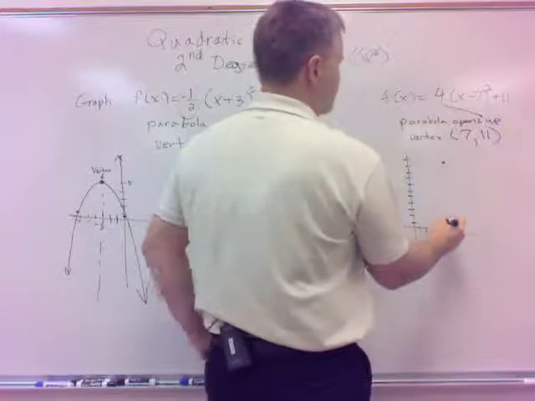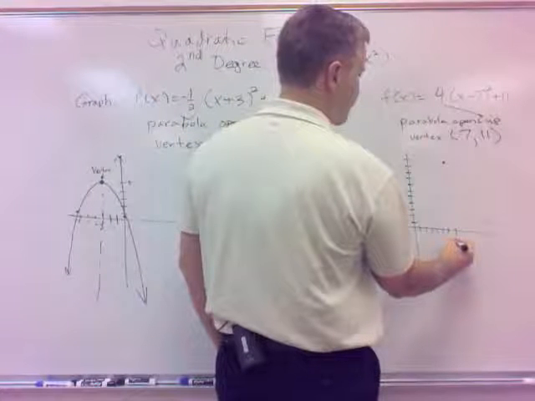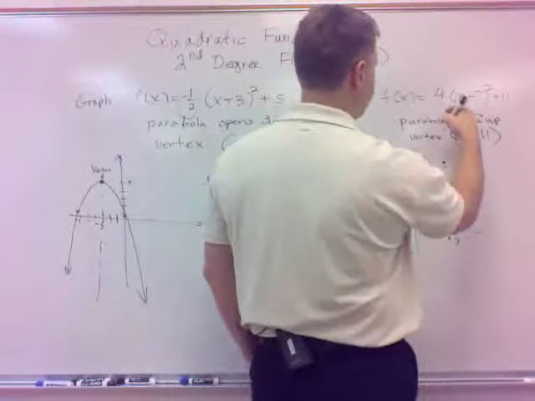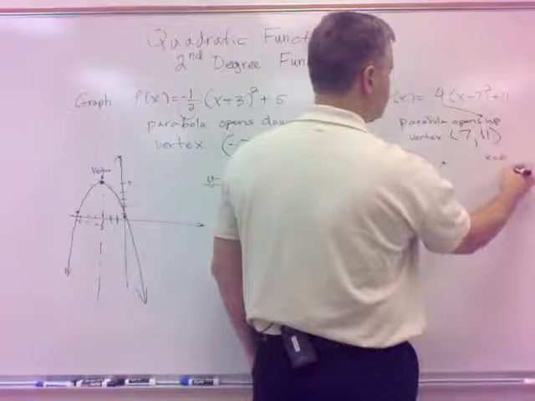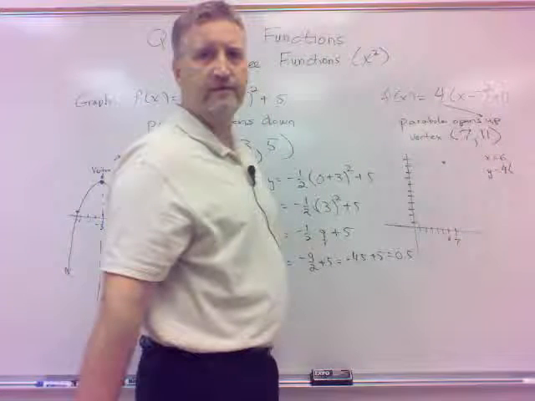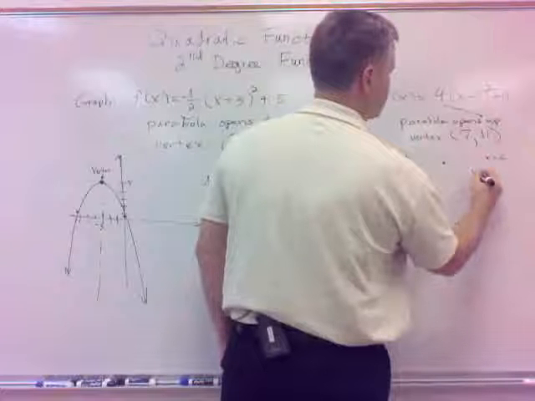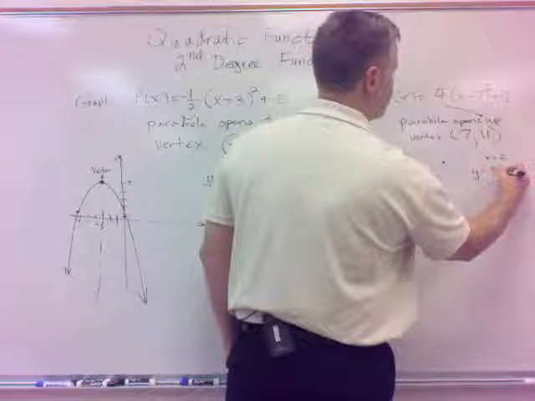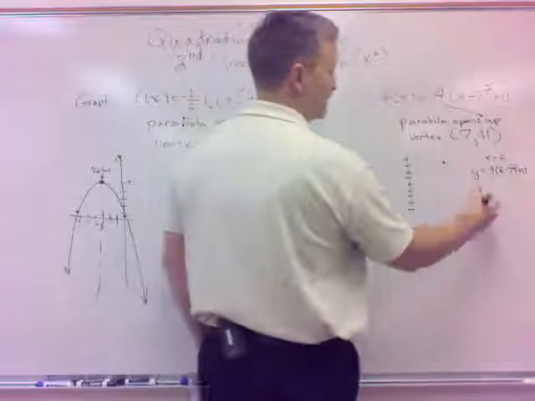Another point we could talk about is, if that's 7, then I could look at this 6 point. If x is 6, that might be a little better than the y-intercept in this case. If x is 6, then y equals 4 times 6 minus 7 squared plus 11, if you're wanting another point close by there.